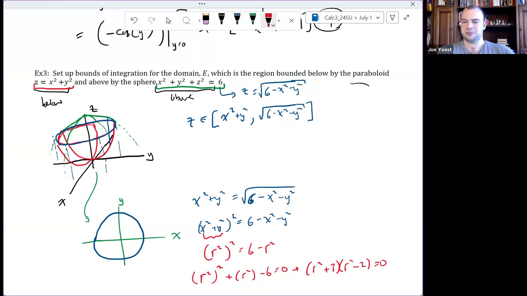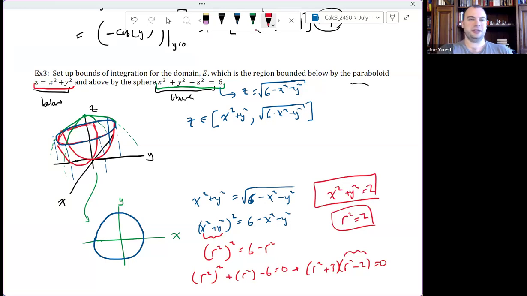Of course, r squared plus 3 equals 0 gives me r squared is negative 3. I can't have x squared plus y squared equal negative 3, at least not in the reals. So I have to have this representing my solution, r squared equals 2, or x squared plus y squared equals 2.